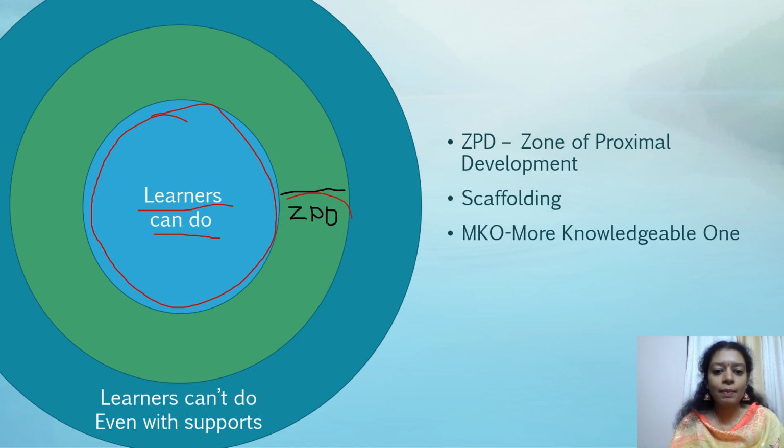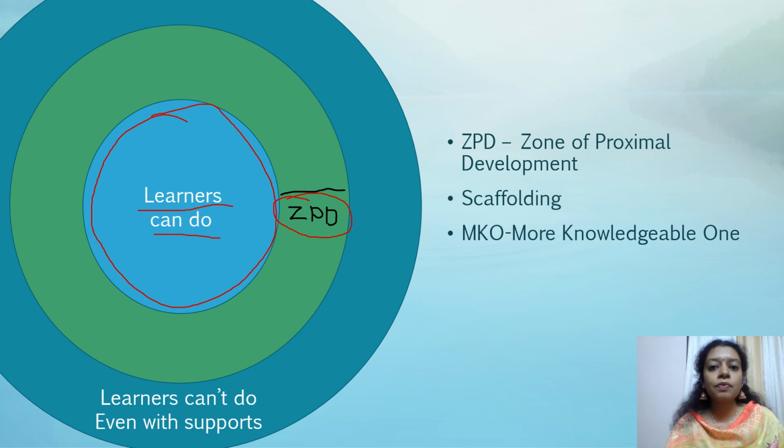zone of proximal development. In the zone of proximal development, the child tries to read a full sentence, like the cat is on the mat. This is where the child needs some help. They can recognize some words like cat, but reading the entire sentence is a bit challenging for them.